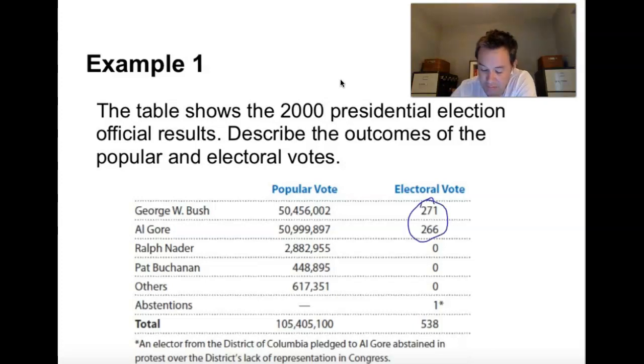So in the United States, we have the Electoral College. I'm sure you've talked about it in your government class. There are 538 votes in the Electoral College. The way it works is that different amounts of electoral votes are distributed to states by population.